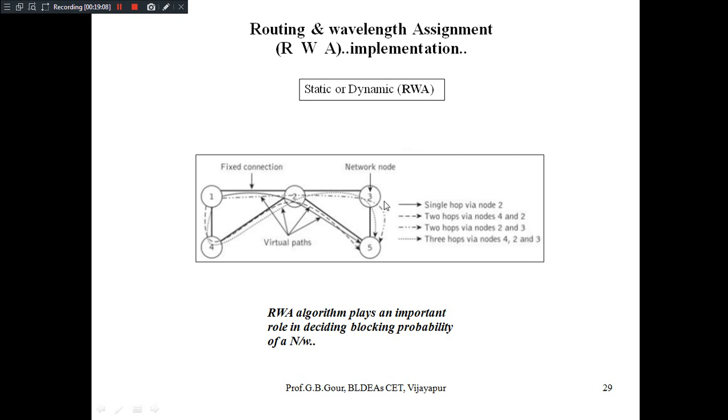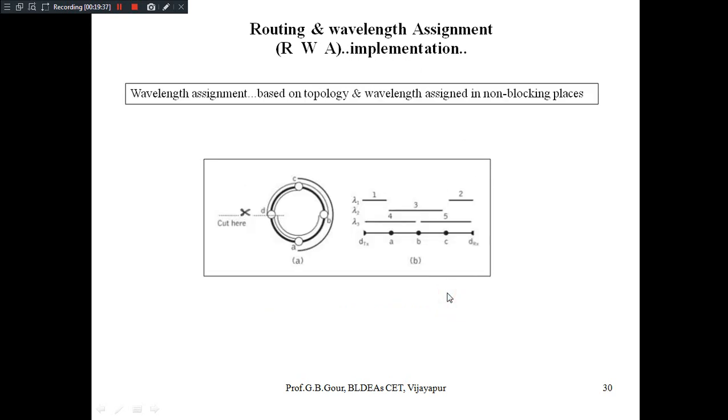It also decides the probability of sending information from node 1 to 5 without any blockage. Based on that, the traffic will be transmitted. Otherwise, some other measures will be taken, such as waiting for a particular time or trying again after some time. This is the main difference between static and dynamic RWA implementation.